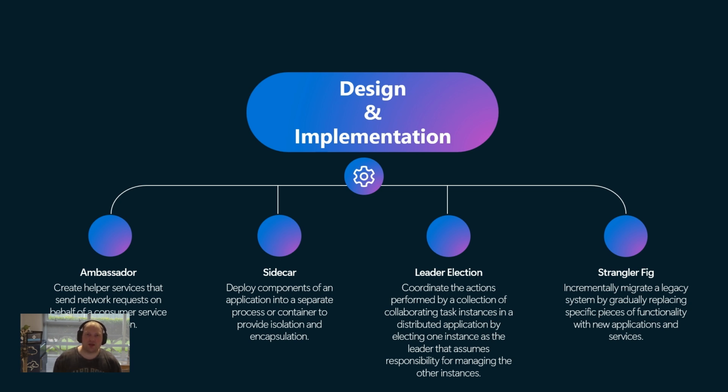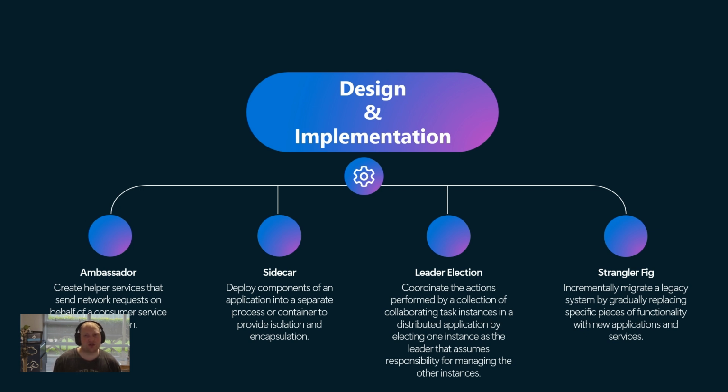The leader election pattern is essential for coordinating the collaboration tasks in a distributed application. By electing one instance as a leader, this pattern ensures that the leader assumes responsibility for managing other instances, facilitating organization and efficient task management. Lastly, the strangler fig pattern offers a prudent approach to incrementally migrating a legacy system.